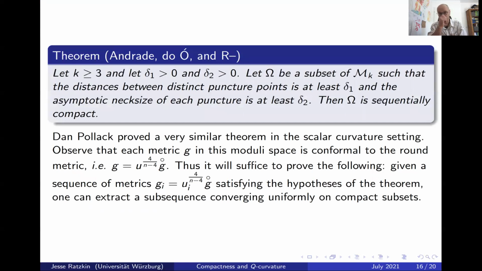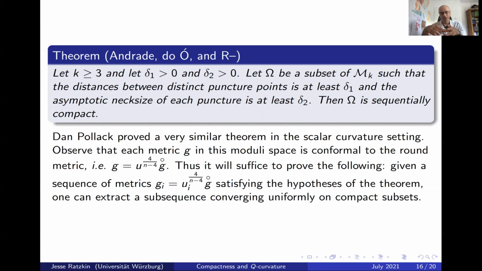Okay, so what does our theorem say? Our theorem says that any subset of the unmarked moduli space such that the spherical distances between distinct puncture points is at least delta 1, bounded away from 0, and that the asymptotic neck sizes are also all bounded away from 0, greater than some delta 2, this set, capital omega, within the moduli space is sequentially compact.